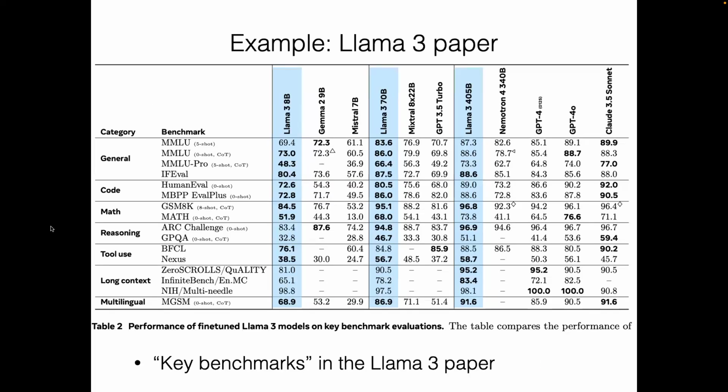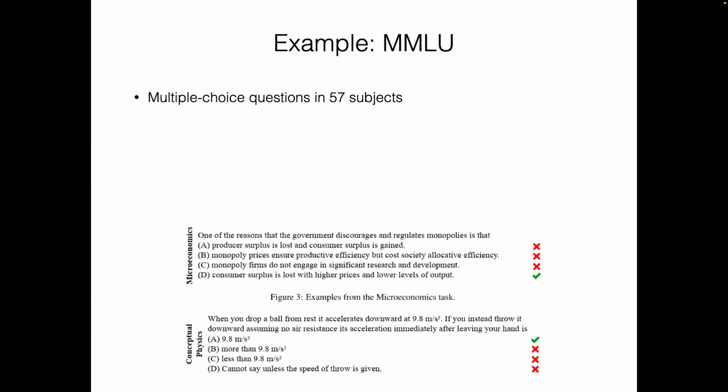Okay, so up here is this MMLU. This is a popular data set. It's basically multiple choice questions in 57 different subjects. And so here are two examples. Here's one from microeconomics and one from conceptual physics. You can read through the examples and maybe try to solve them yourself.